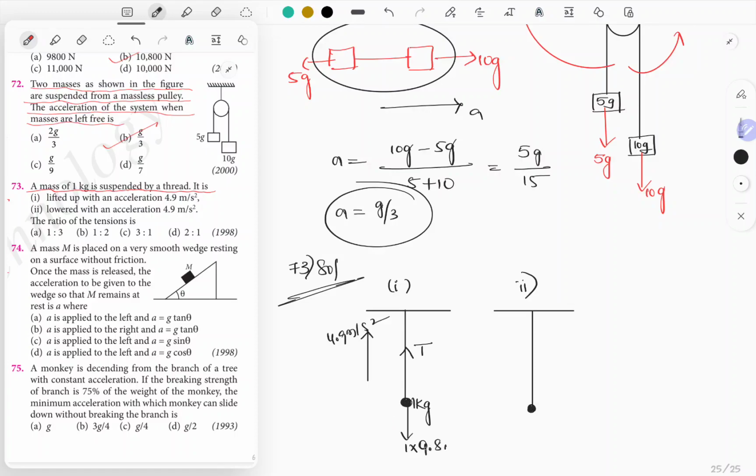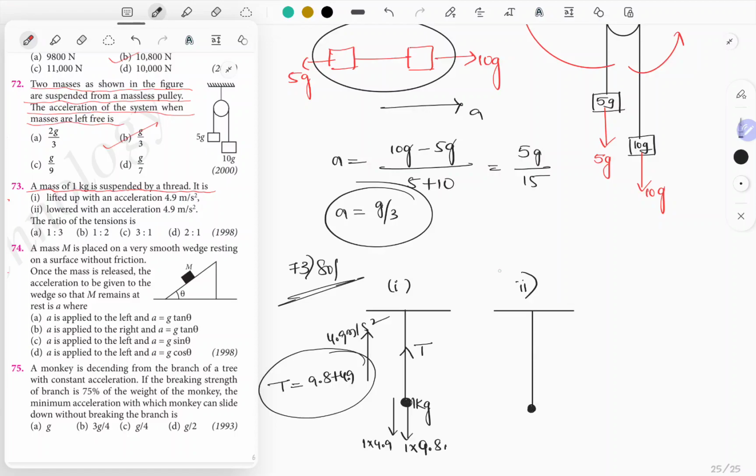So the weight is 9.8, and upward it is T. Which is greater? Definitely the tension must be greater. There will be a pseudo force which acts in the opposite direction, which is equal to 1 into 4.9. Then the tension in the string is equal to 9.8 plus 4.9. Hope you remember, this is like a lift accelerated upward.